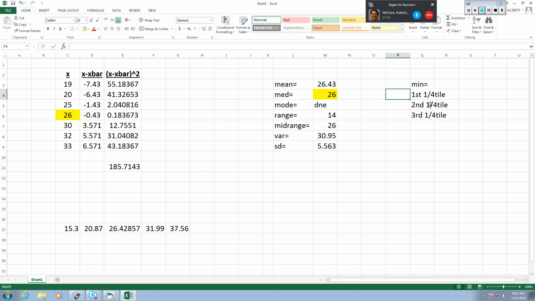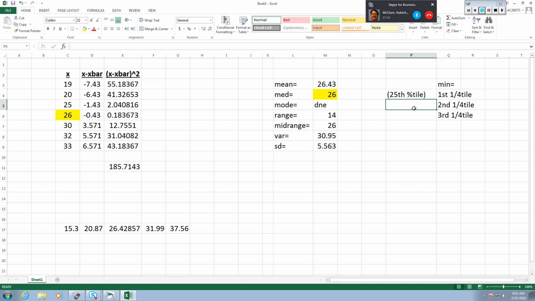The first quartile is also called the 25th percentile. What do you think the second quartile is called? The 50th percentile.